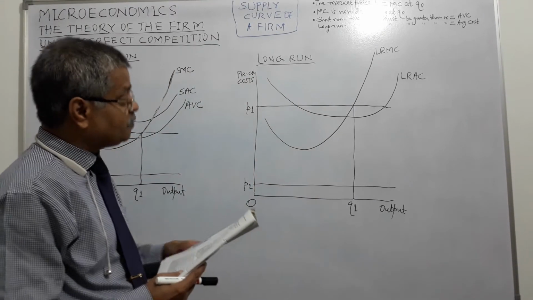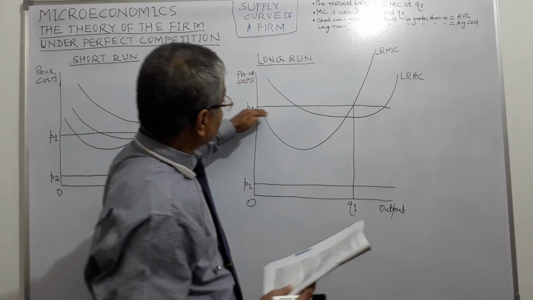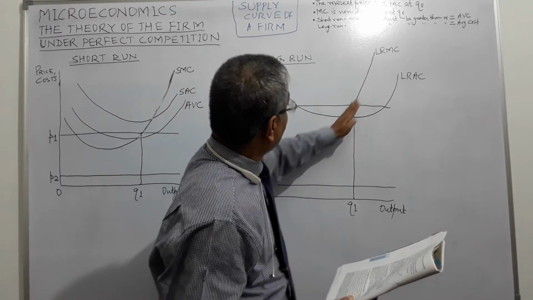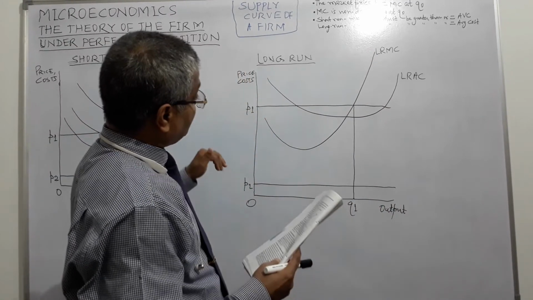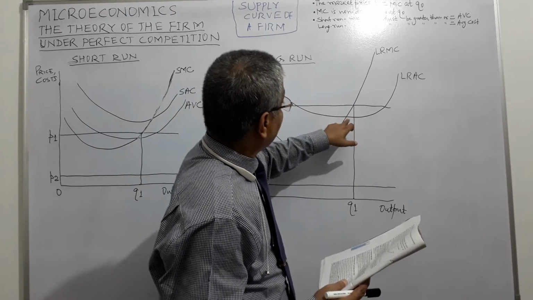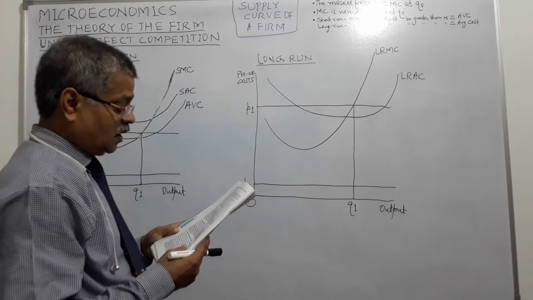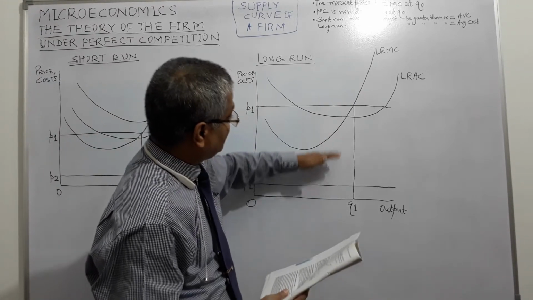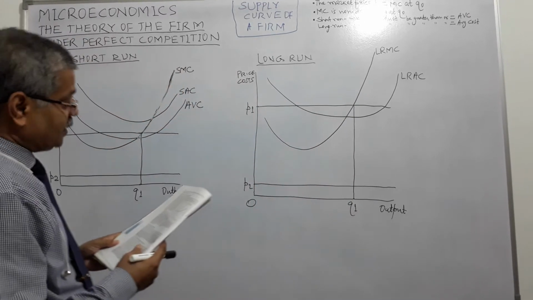So we can say here a firm's long run supply curve is the rising part of the LRMC curve from and above the minimum of LRAC, together with zero output below minimum LRAC. Below minimum LRAC, zero output will be there by the firm, right?